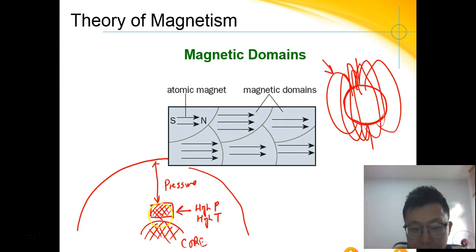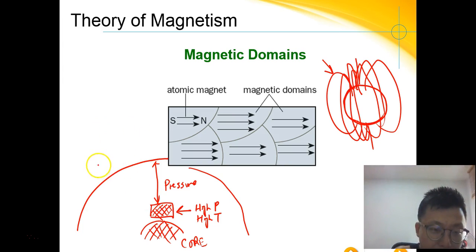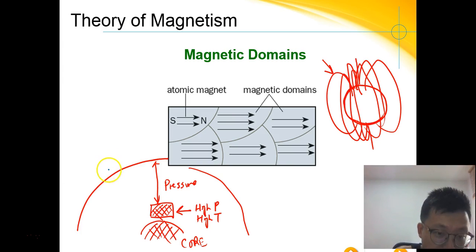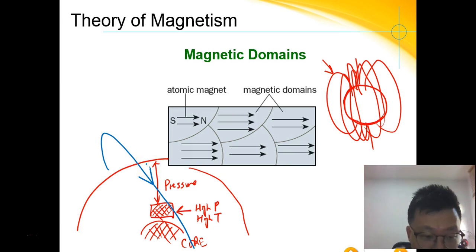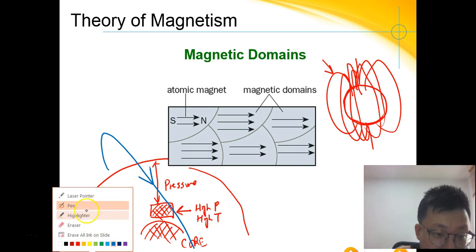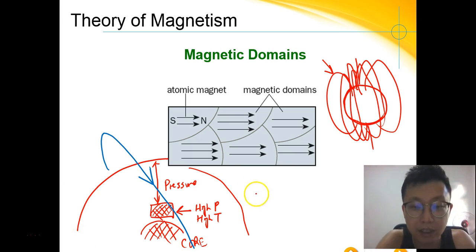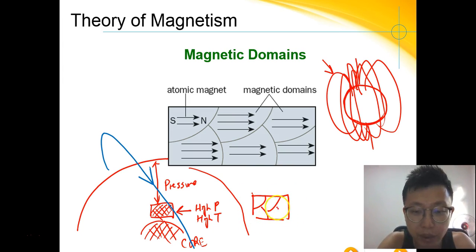So let's say this is the earth, and I have a magnetic field that goes this way. So what happened to this mineral is that because its particles are very highly energized, let's say at the beginning, the domains of this material are all haywire, all pointing at different directions.